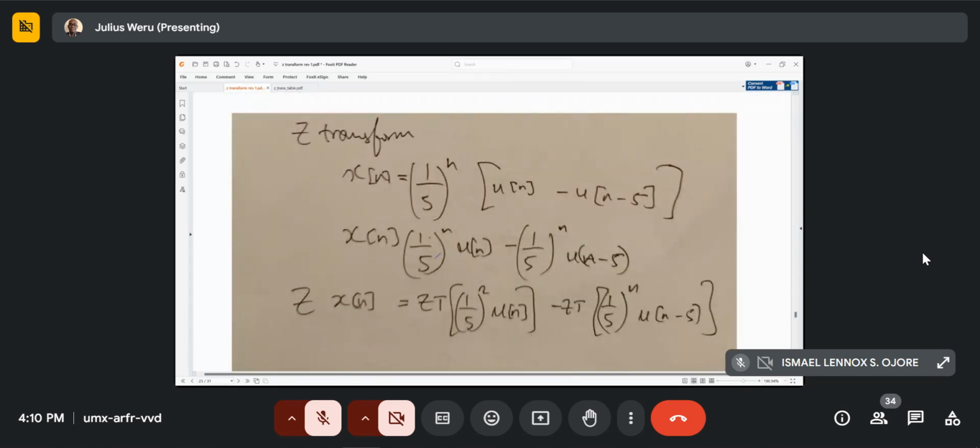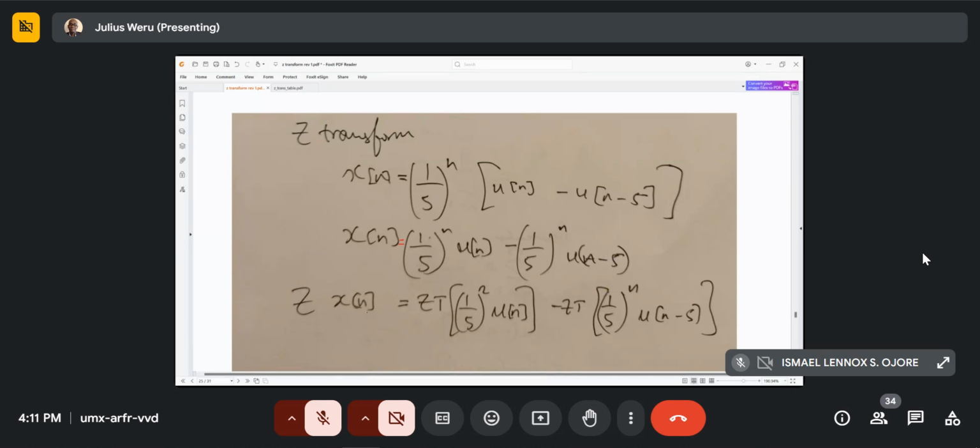We have the Z transform of this, with cosine here. So you're given the ROC of this, and I think here we are using the linearity of the Z transform. So here you can open up, it simply becomes 1 over 5 to the n u of n minus 1, minus 1 over 5 to the n u of n minus 5.